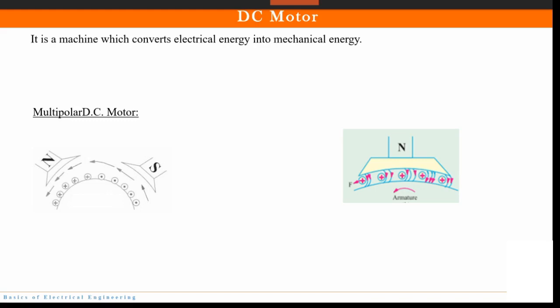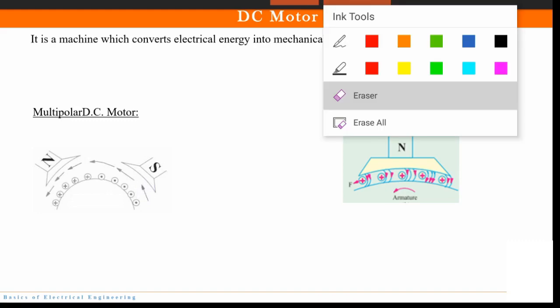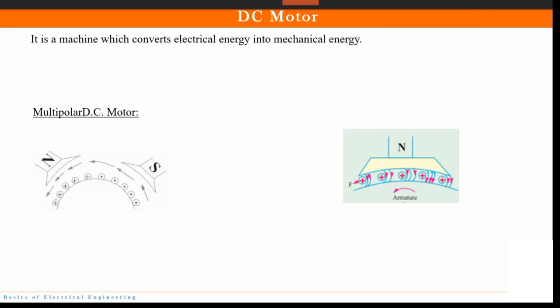So these two magnetic fields, they interfere with each other and the torque is produced. And in this torque, you see these arrows, right? So these arrows signify the direction in which the armature starts rotating, which is anti-clockwise. Okay, so my armature starts rotating in anti-clockwise direction.